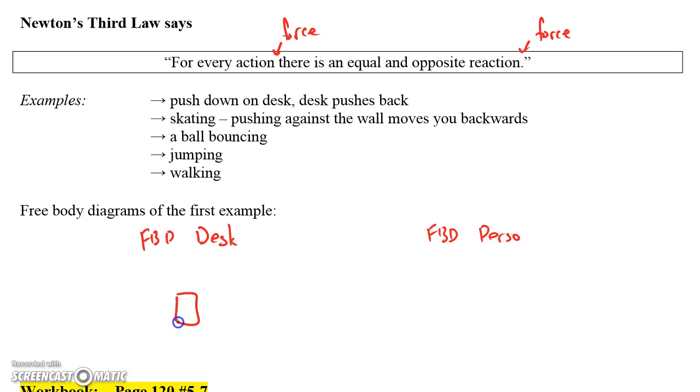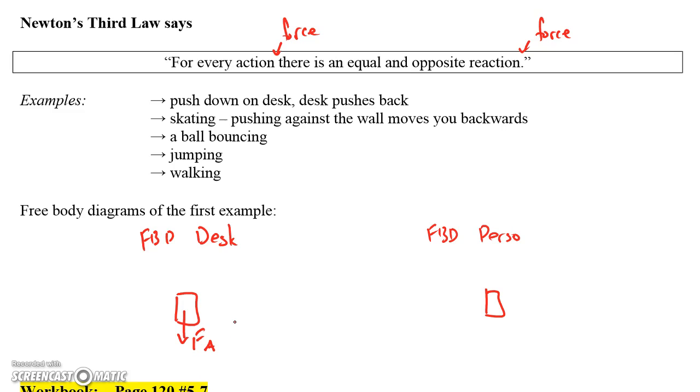So we've got, draw a free body diagram, the desk. I just want to highlight our interaction force. So there is gravity on everything always. I'm not going to put gravity in here just to simplify what we're looking at. If we're pushing down on the desk, it feels an applied force down.